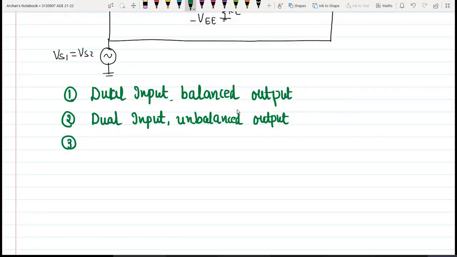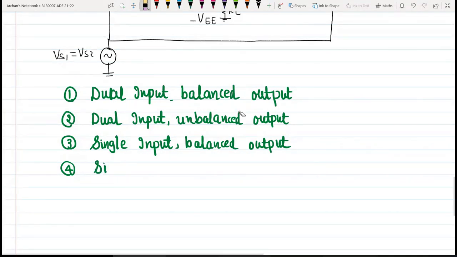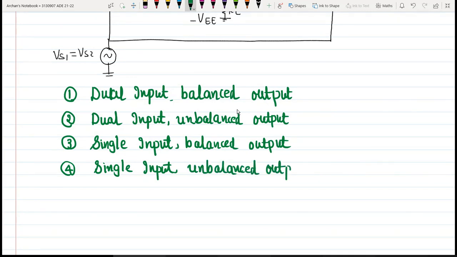Then the third configuration is where we provide a single input, so we will have a single input balanced output differential amplifier, and then the last configuration may be single input unbalanced output differential amplifier.